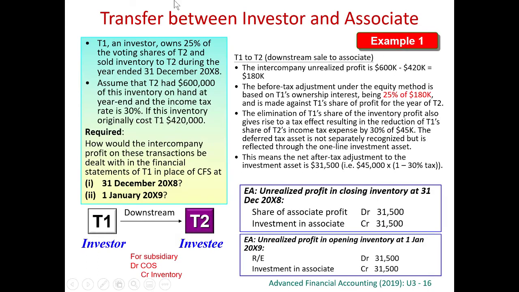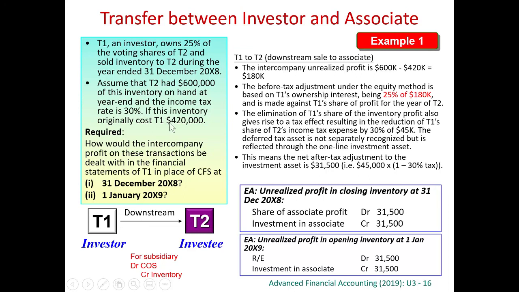Take an example. Here T1 is the investor, and this investor owns 25% of the voting shares of T2. So with 25% significant influence, we treat T2 as an associate. Assume that T2 had 600,000 of inventory on hand at the year end. Because T1 sold something to T2, T2 has some closing inventory from T1. 600,000 is the inventory value recorded by T2.